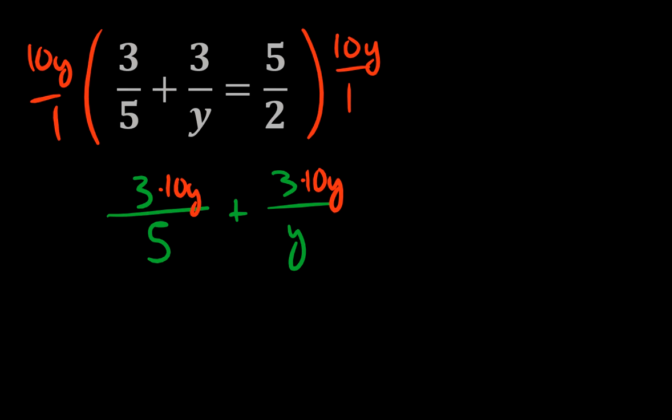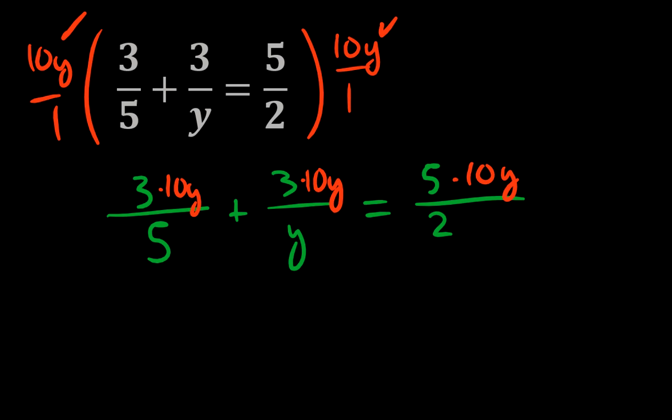And then finally this will equal 5 over 2. And again, this needs an introduction of the factor 10y. So it's important to see this. Every single term on both the left and right hand side picked up a factor of 10y.